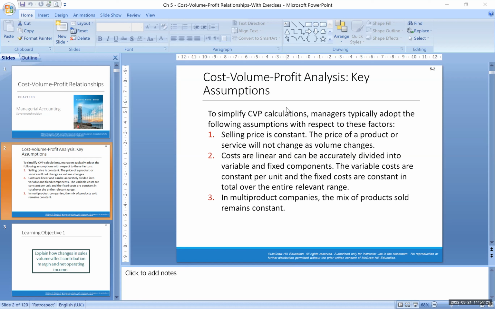Step shape means if I exceed the 22, I will jump to another level for the fixed cost, and it will last up to a point, let's say 26. After the 26, I will jump again in a step-shape fixed cost, which means we are paying that much for that relevant range. If we exceed the relevant range, then we will pay a new level for the fixed costs. Okay.